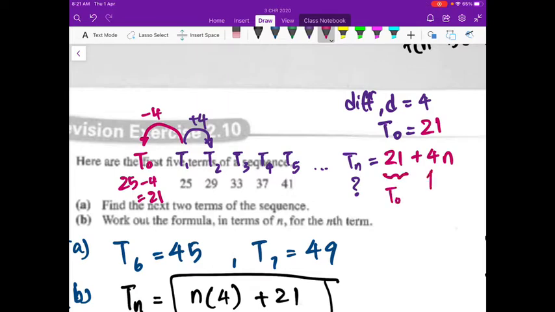This is your D for your difference. Okay? We try some examples now. This is the formula. Tn equals to T0. You just need to go back one step. Then you plus n times the difference. Okay, let's try some patterns.